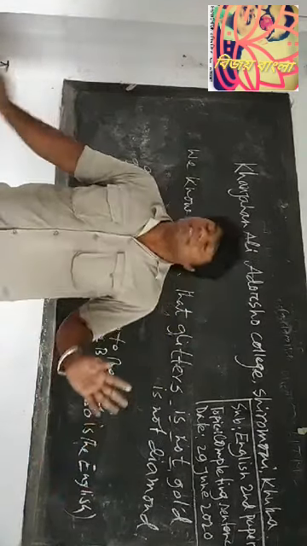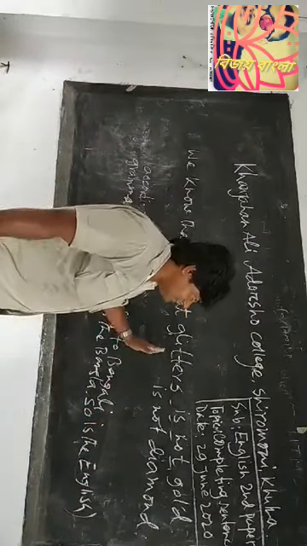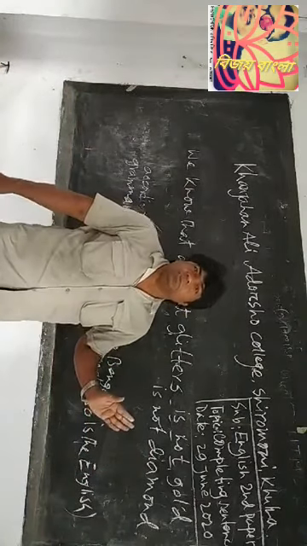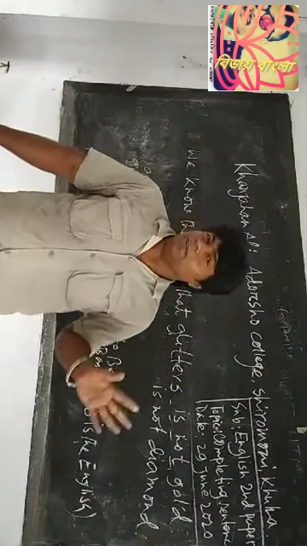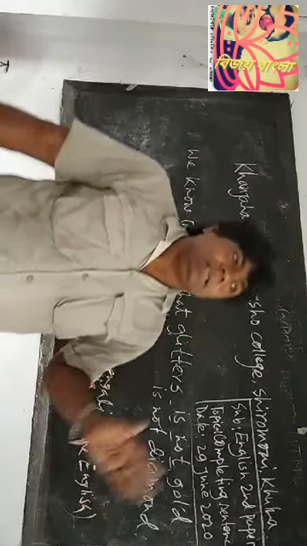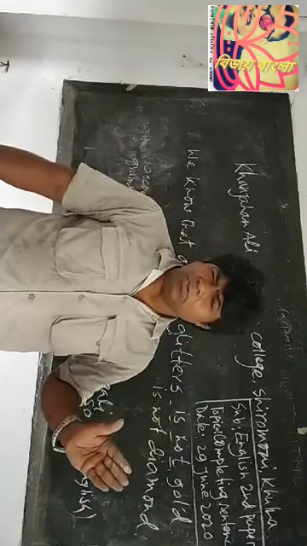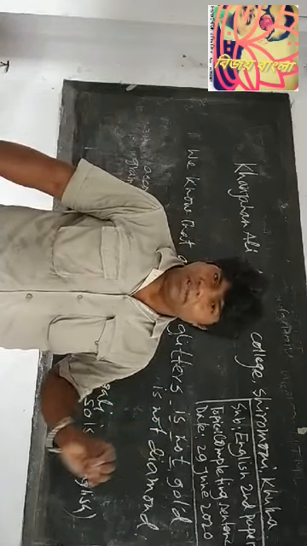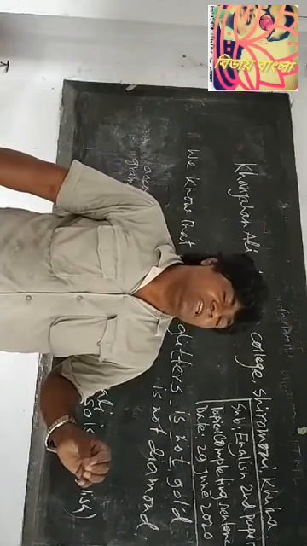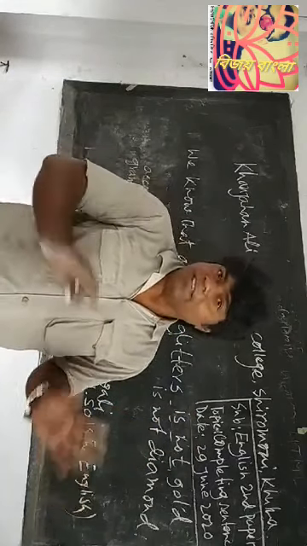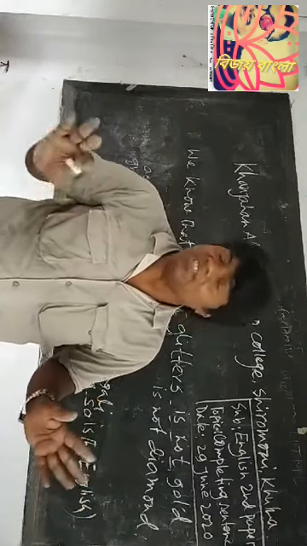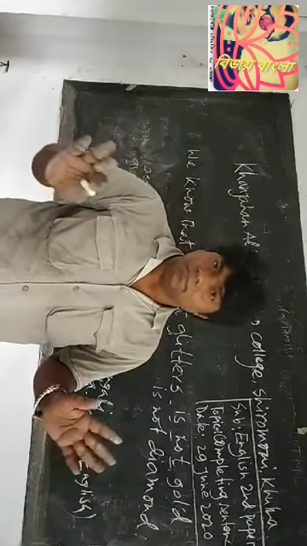So in case of proverb, you have to memorize particular proverbs and you have to write them down as usual. You must not bring any change in case of proverb.